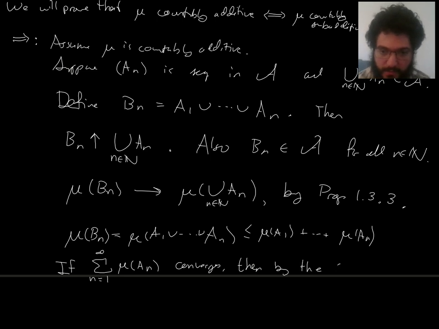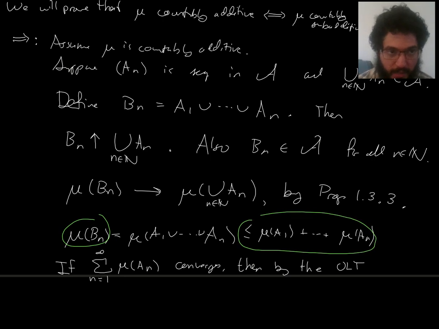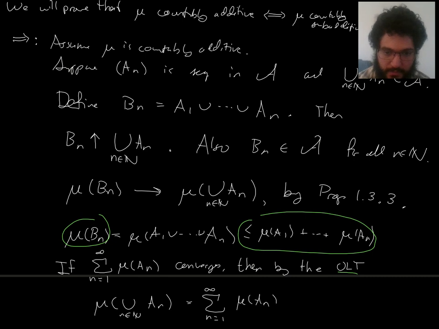So basically take the inequality you see here, this less than or equal to this, and that's what we're applying the order limit theorem to. So take n goes to infinity in that inequality. Then this goes to mu of the union, and this goes to whatever this series is converging to, which we denote by the symbol for the series itself. And the inequality is preserved under the order limit theorem.